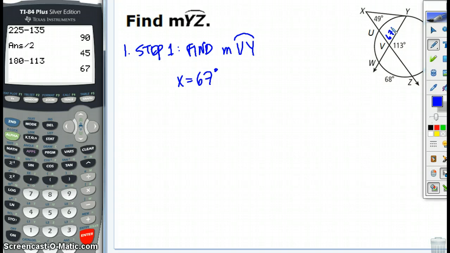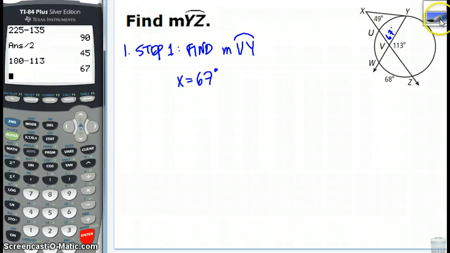All right. So we learned that this angle right here is equal to half of this minus that. And we're going to call this one that we're looking for y now. And let's use the formula. So we're going to do 67 degrees is equal to 1/2 the sum of their intercepted arcs, which is y plus 68.